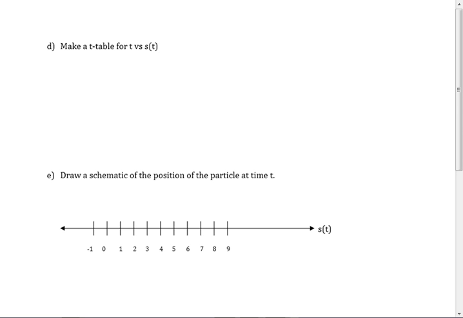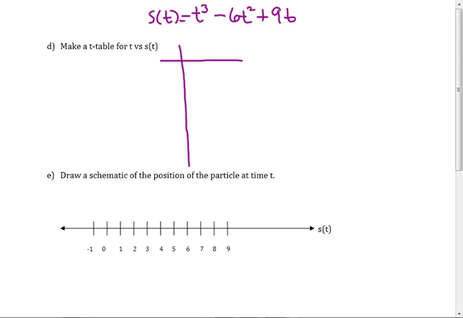So I need to make a table for the time versus s of t. So s of t, so I can keep this in my head, is, now this is not hard. This is substitute and evaluate, but I'm going to give you a better way to do it, an easier way, and I don't care if you use a calculator. So I'm going to try to graph its position as a function of time, this particle.